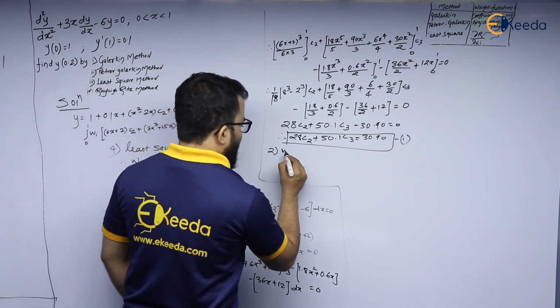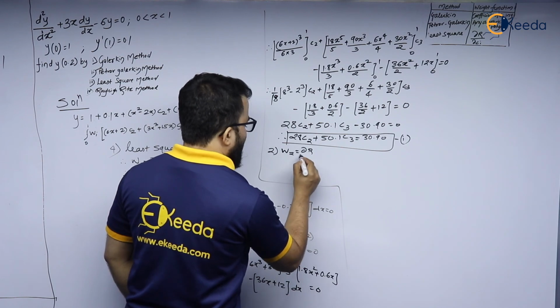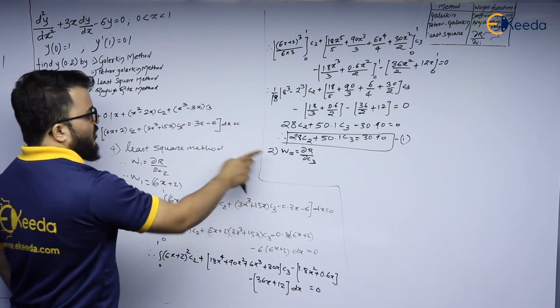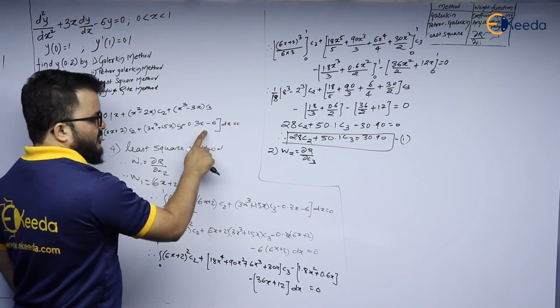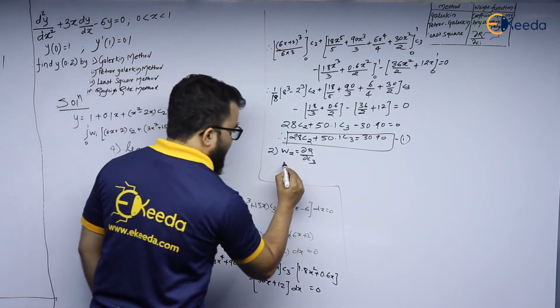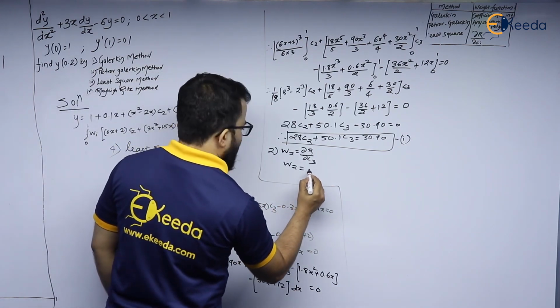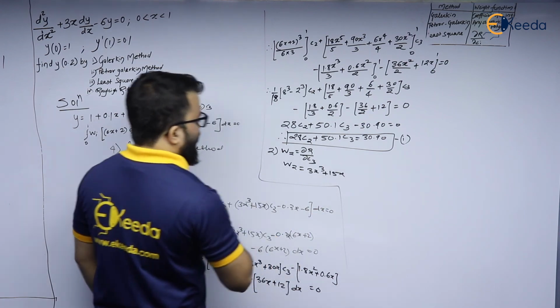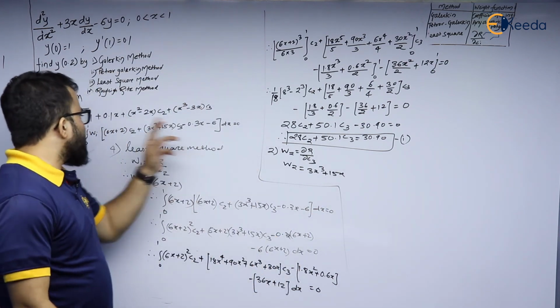So my W2 will be delta R upon delta C3, because our second weight parameter is C3. This is my R term. You will differentiate with respect to C3. After differentiation, you will get W2 equal to 3x^3 plus 15x. So now I will put this W2 in this equation.